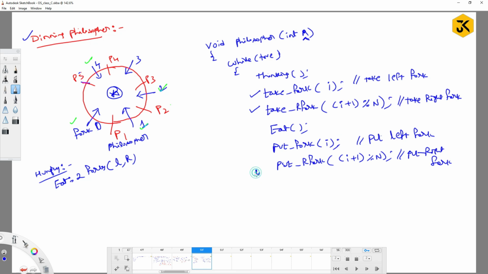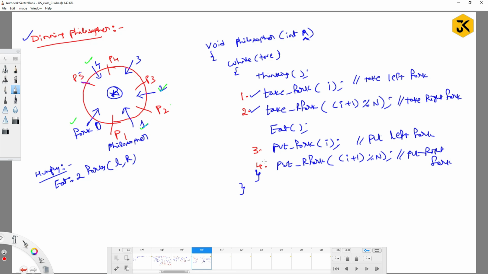Right? So this process is going to iterate continuously until it is satisfied. If you analyze this clearly, again here you have a problem. If you take this as line number 1, line number 2, line number 3 and line number 4.